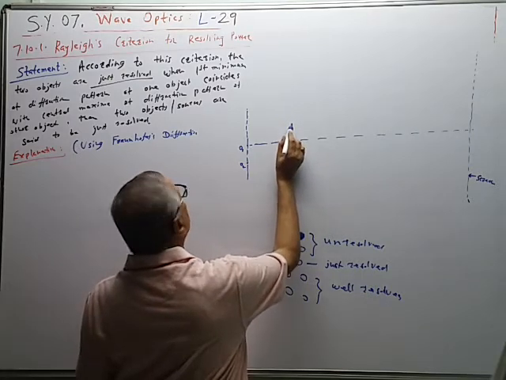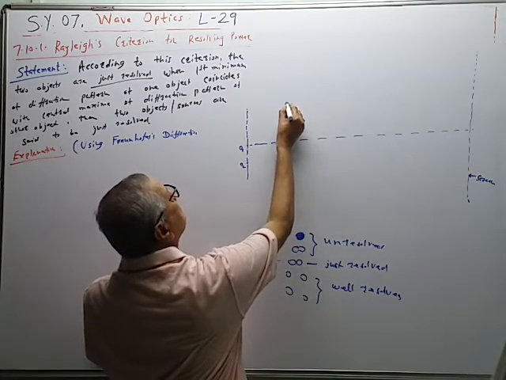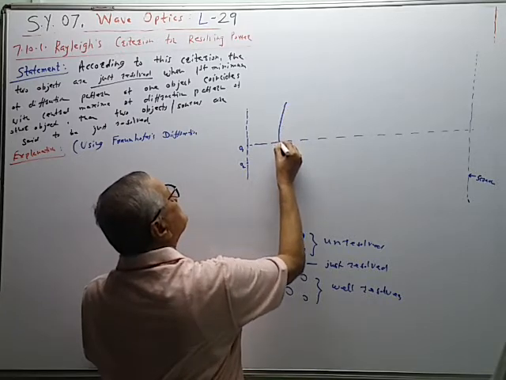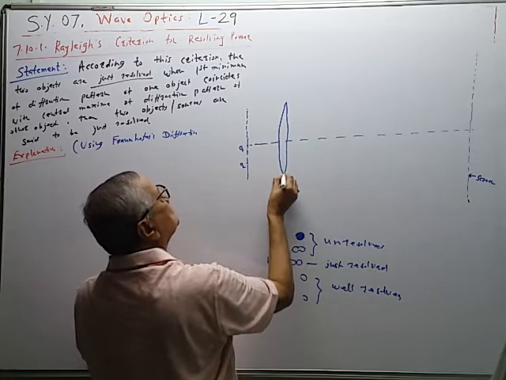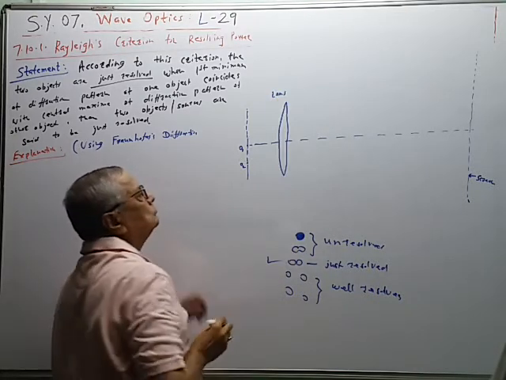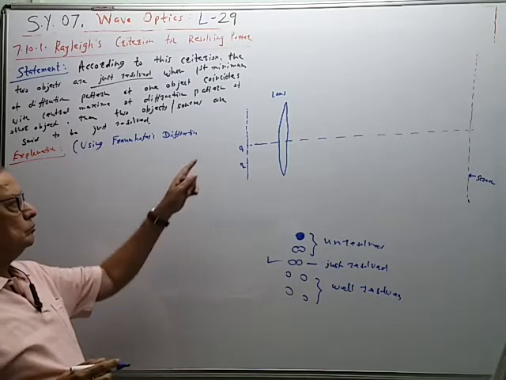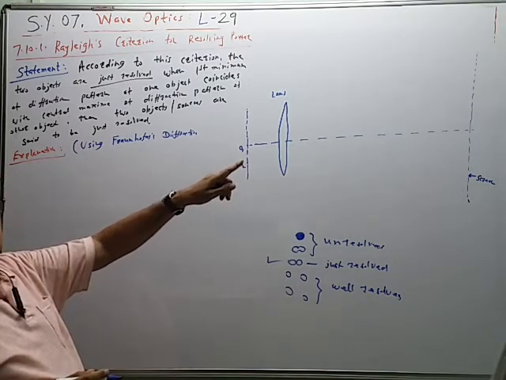So here, for Fraunhofer diffraction, we are using a lens. So each object will form its image.